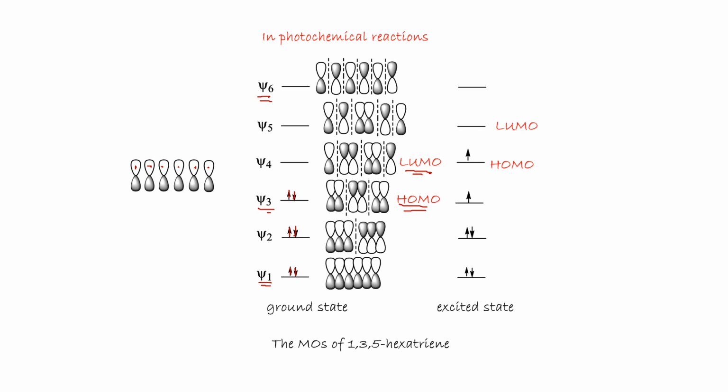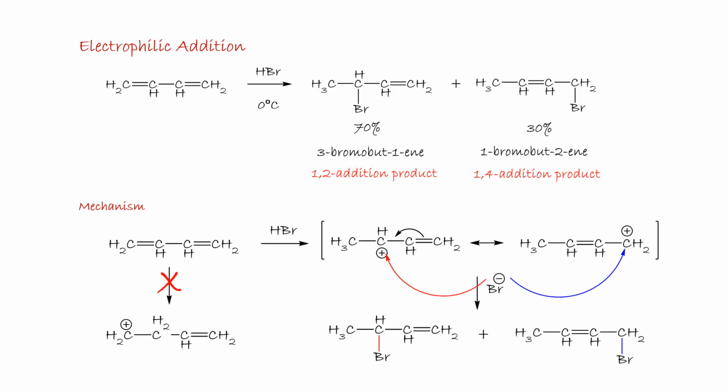If we shine light on this molecule, one electron will move from psi 3 to psi 4, and psi 4 will be the HOMO, and psi 5 will be the LUMO. We will explain that later in more detail.